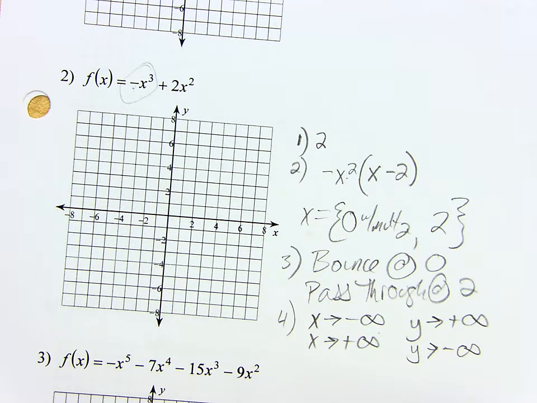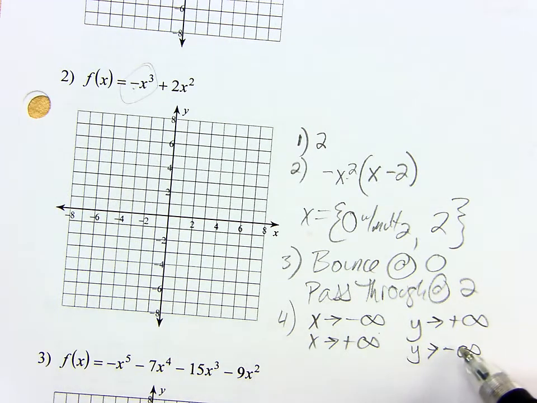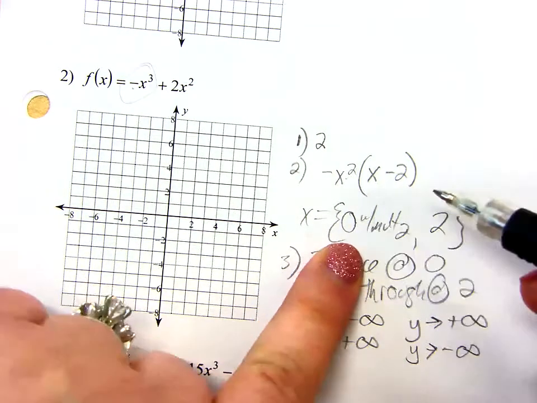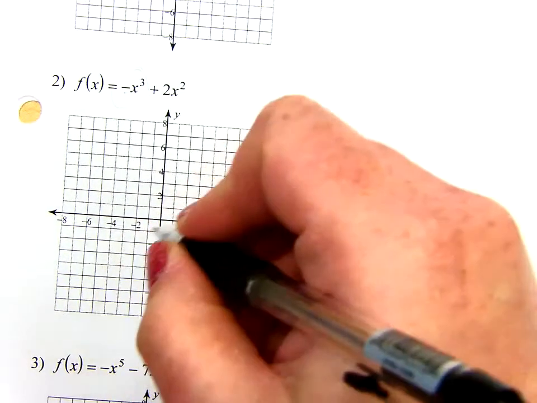So, where were we? Oh, yeah, we were talking about the end behavior. All right, so here's where we're going to start. We're going to start the graph with the zeros that we have, okay? So I know I have zeros at 0 and at 2.